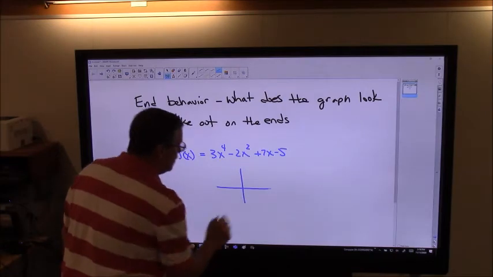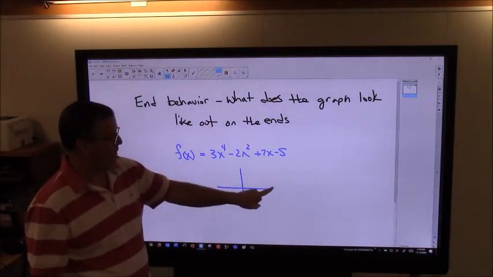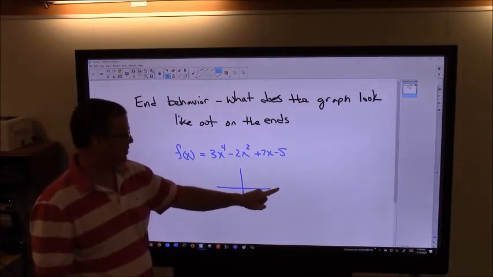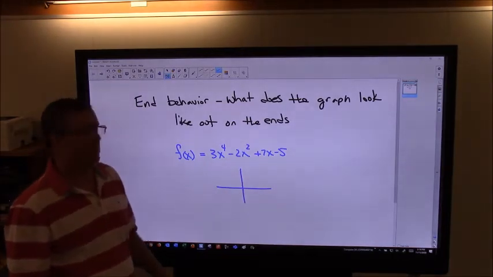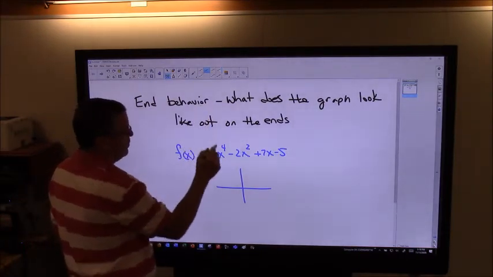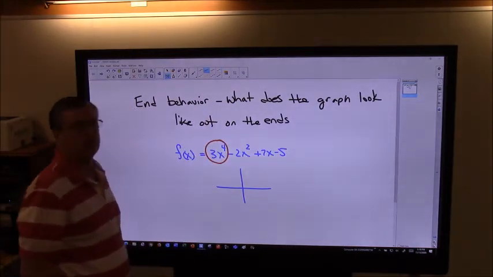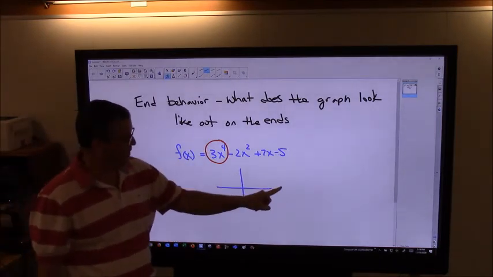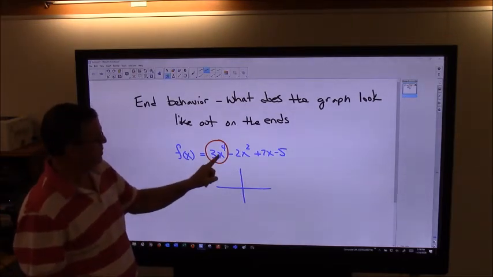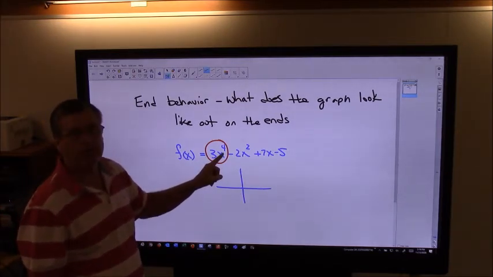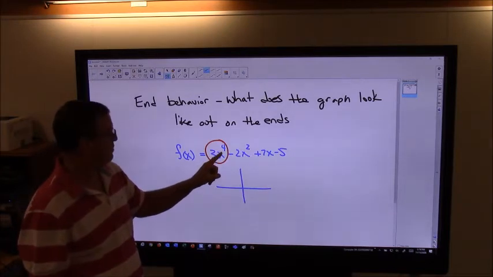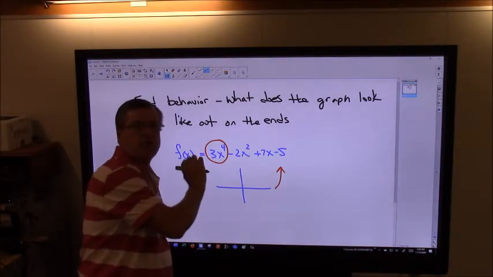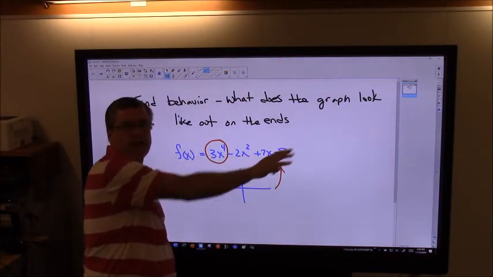Well, if I go out here and I take a large positive number and plug it back into this function, this is what we refer to as the dominant term, the highest exponent. It will dominate what this graph will do. So if I take a positive number and stick it in here, and I do a positive number to the 4th power, that would be positive, times 3, that's positive. That means that graph will increase as we go out towards the right side.